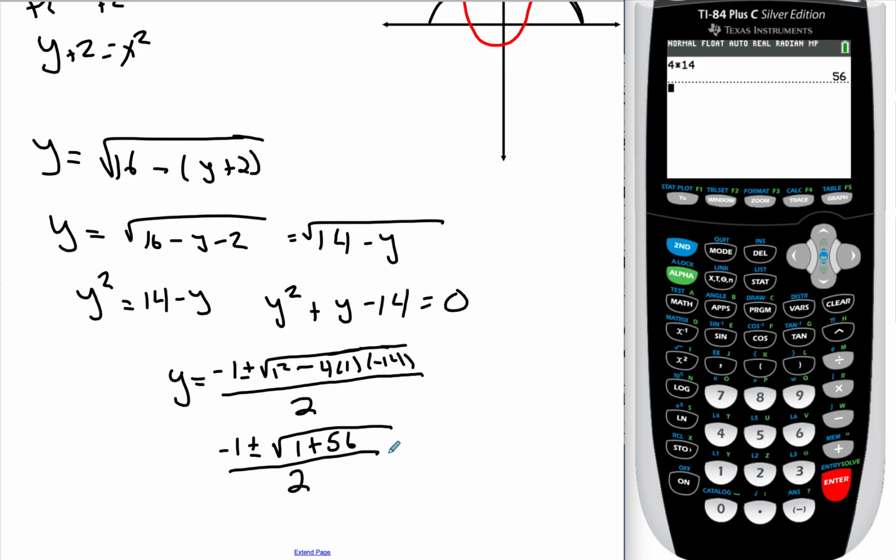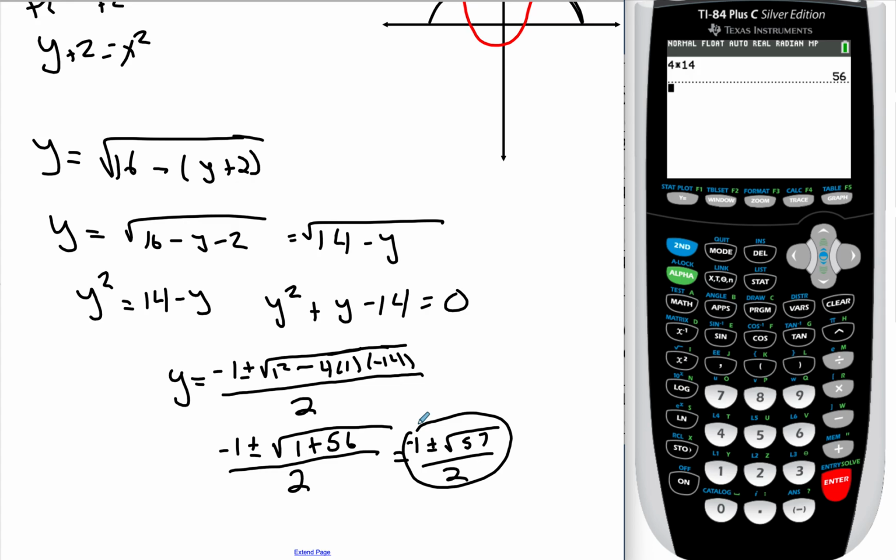Alrighty, and what we get is -1 plus or minus the square root of 57 over 2. I can't simplify 57 anymore. Not divisible by 9, 16, any of those, so we're going to have to leave it. That's alright. 56 would have been nice because that would have been divisible by 4.